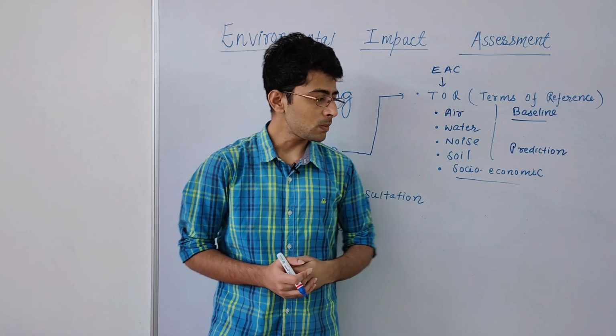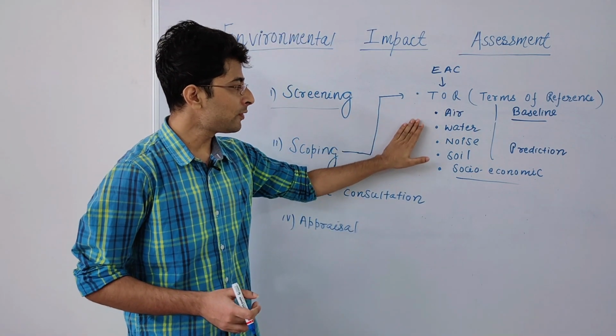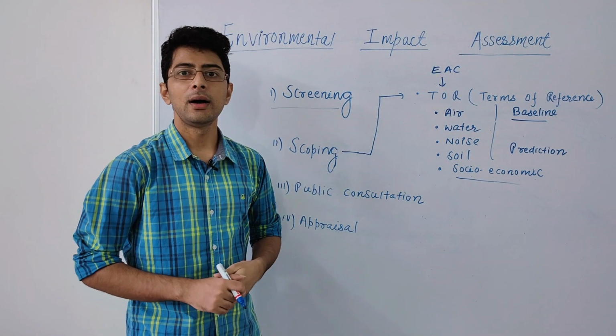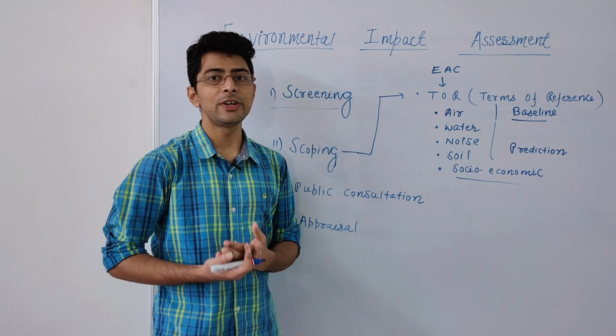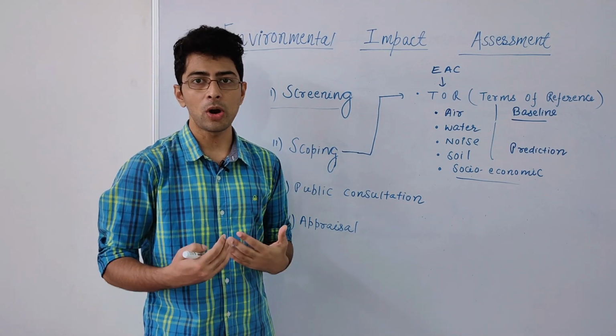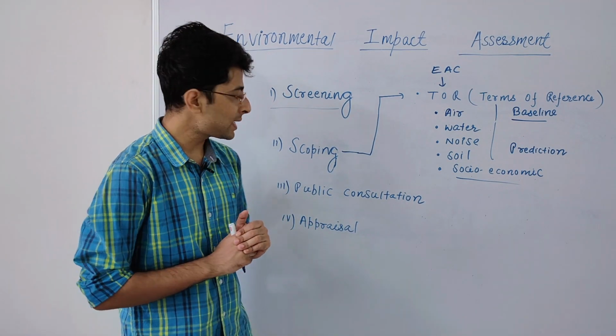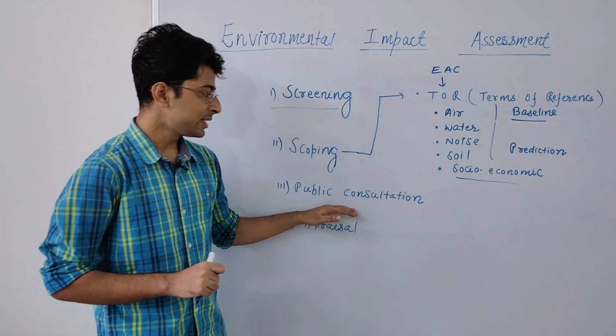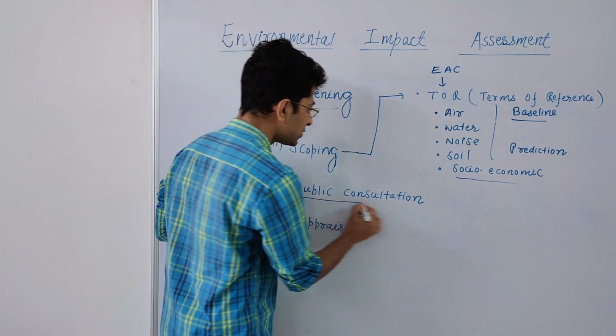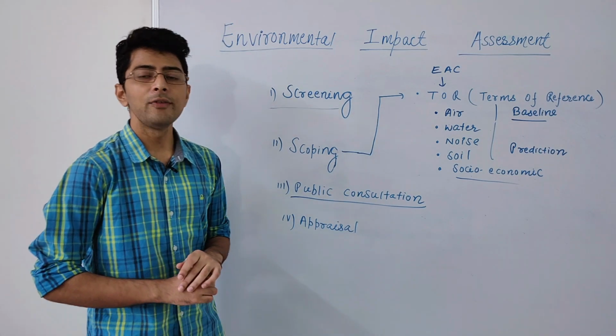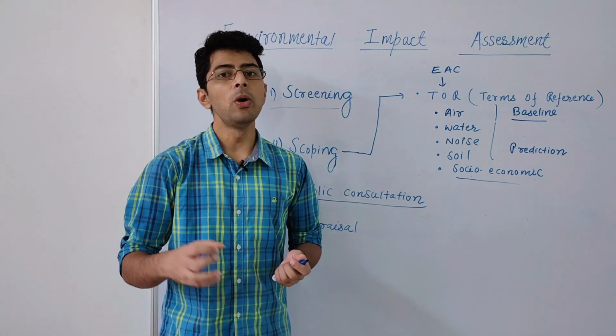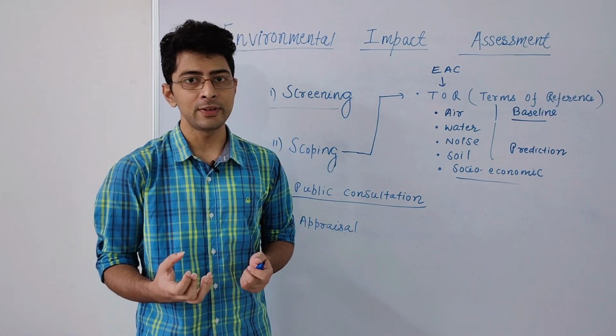Now, after the process of scoping, that is after the analysis of different changes that will be brought about by the given developmental project, the public consultation is done, and public consultation is a very important process which makes EIA more democratic and participative in nature.